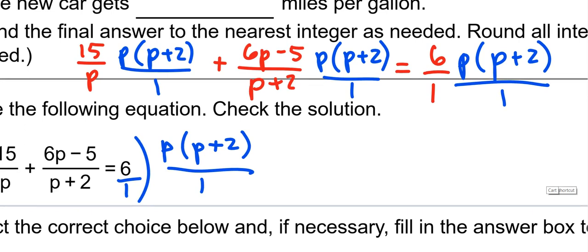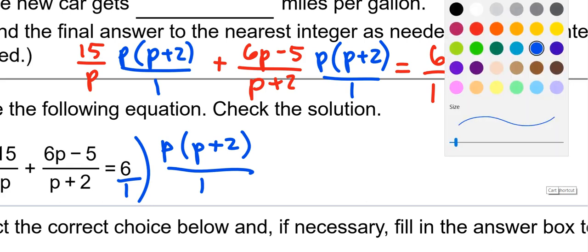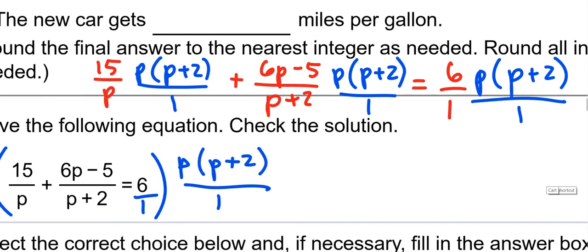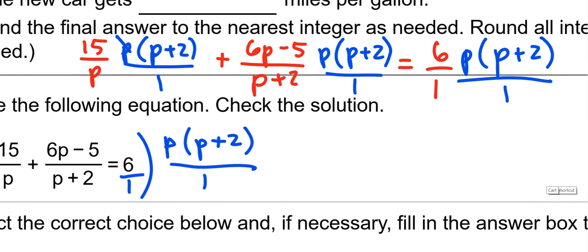Now, if you take a look at it, you're going to see some nice things happen to make your life easier. Stuff cancels out. So what's canceling out in the first one? We got a p that we can get rid of. All right, what cancels out? What about that middle one? What cancels out in the middle one?